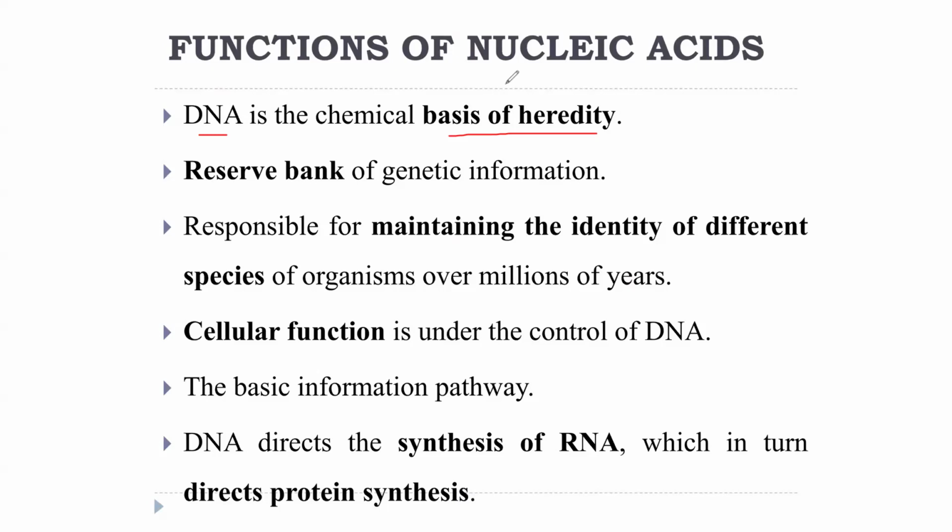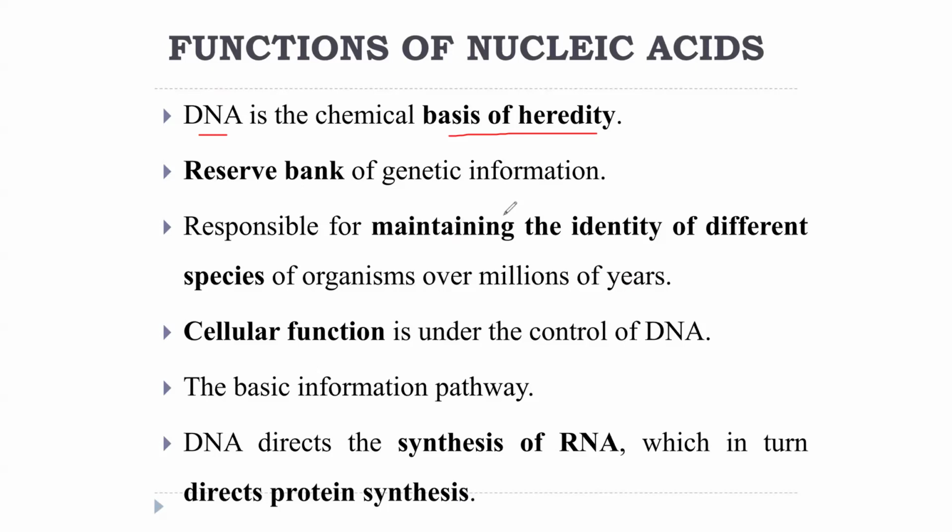So when the DNA of the mother and the DNA of the father join together, they may produce some characters that may be different from either of the parents, okay? And then there is also the reserve bank of genetic information. We also talk about this. They are the reserve bank of genetic information.